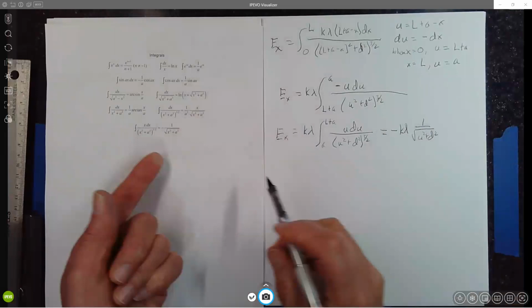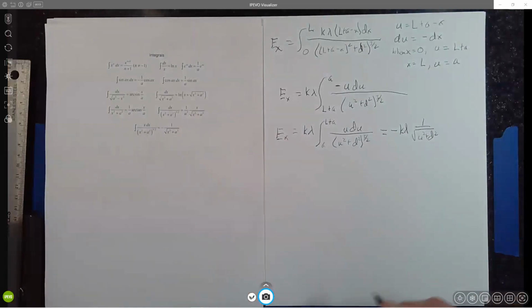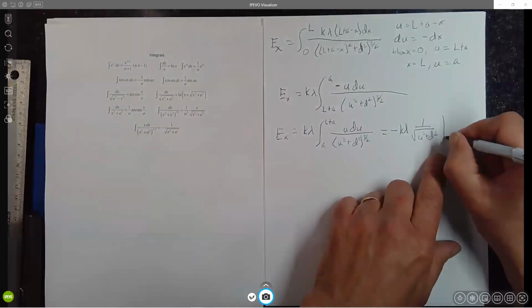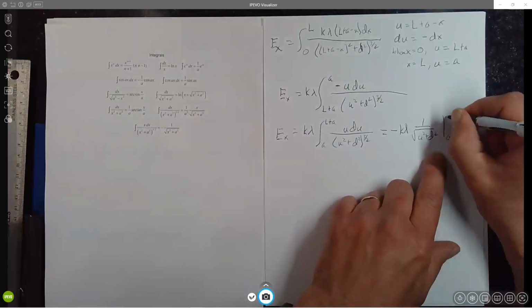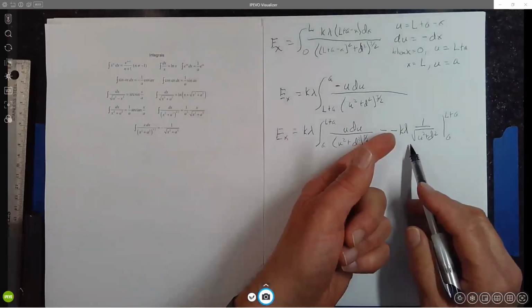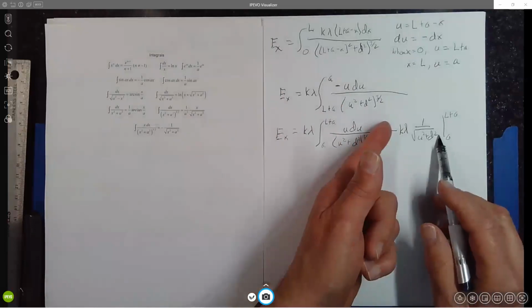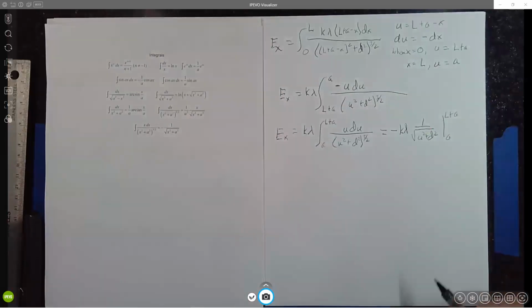And making this translation from this form to this form may take a little practice. And I want to evaluate this at a and L plus a. Or, with the minus sign out here, I could do another flip. The negative of this would just be swapping the limits of integration again, but I'm not going to worry about it.